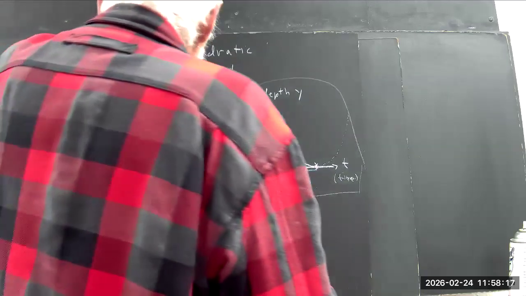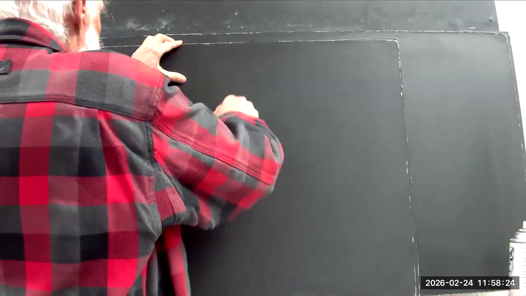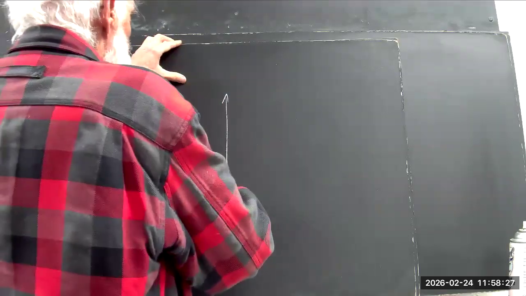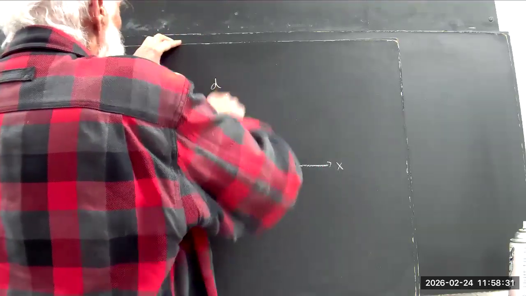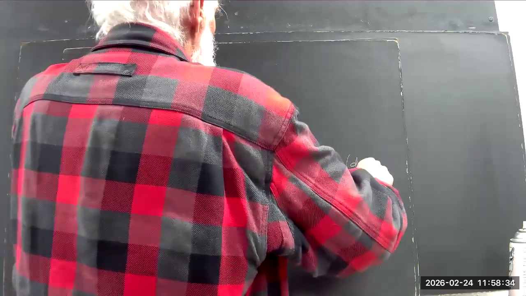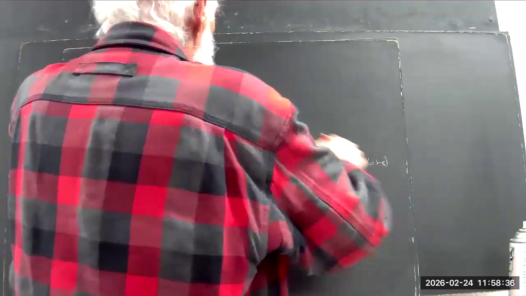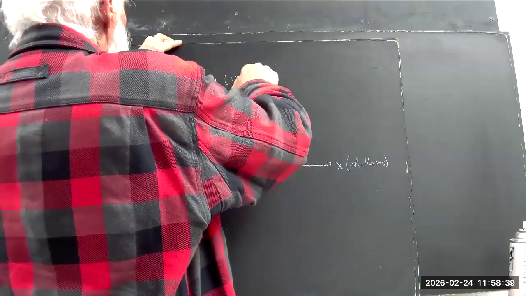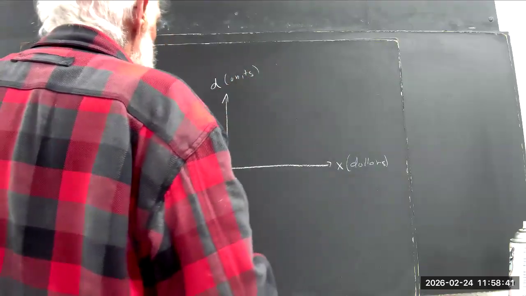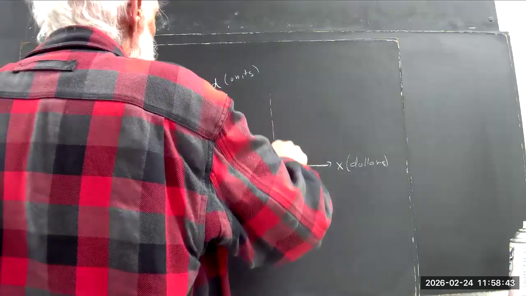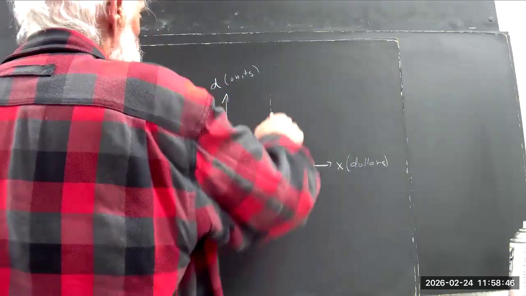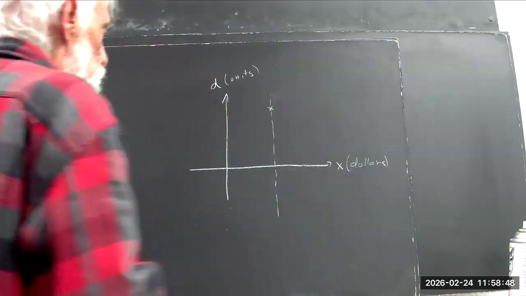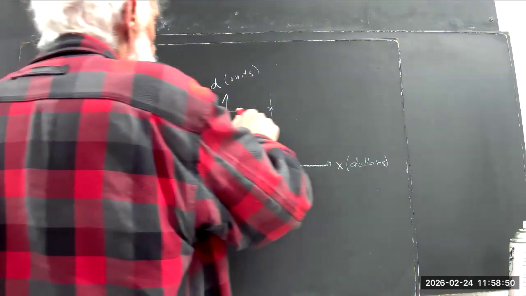So let's say we have knowledge that from experience we know the x is in dollars, D is in units. If we charge this many dollars, we're going to sell this many.